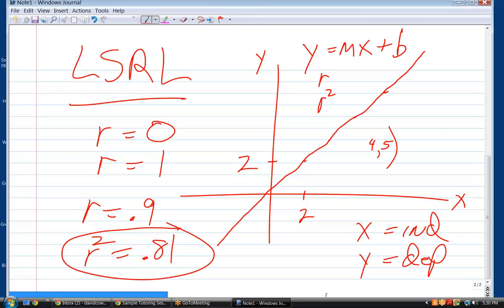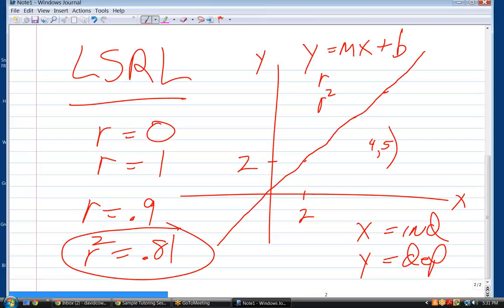They're probably not going to ask you too many specific problems around this concept, just because it's difficult to structure a question, other than giving you a table of x and y points and saying, come up with the LSRL for that. And you could only do that in your calculator.